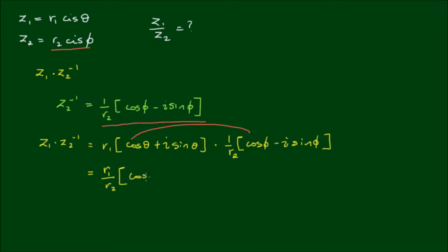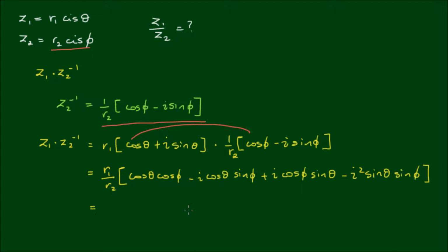So I get cosine theta multiplied by cosine phi, minus i cos theta sine phi, plus i cos phi sine theta, and minus i squared sine theta sine phi. And simplifying further, the i squared is a -1, and so we get minus -1.